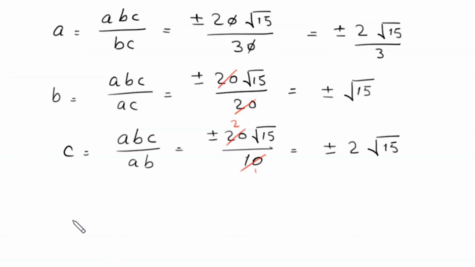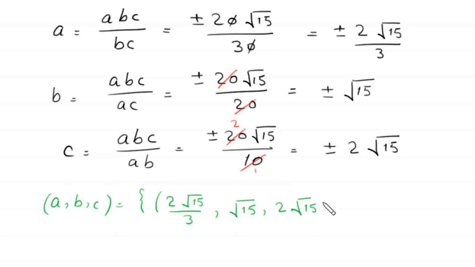So from here we get two pairs of solutions of a, b, c. First pair is value of a is 2 times root 15 over 3, and value of b is root 15, and value of c is 2 times root 15.